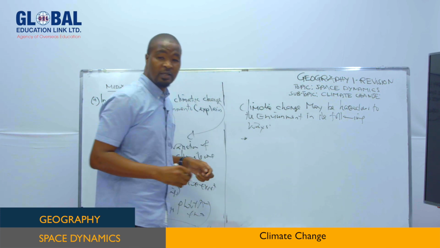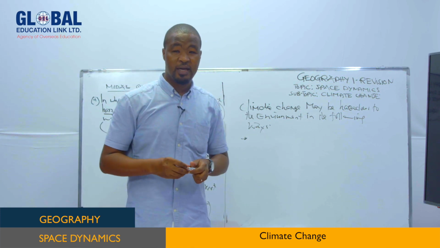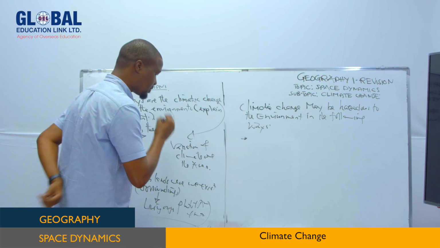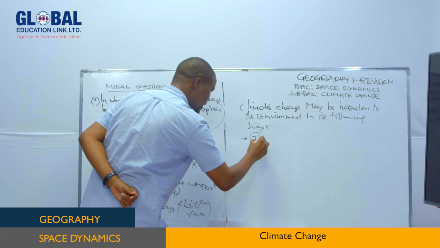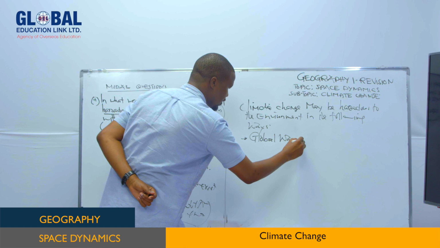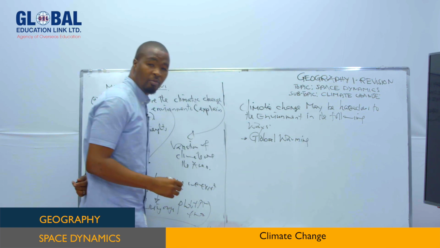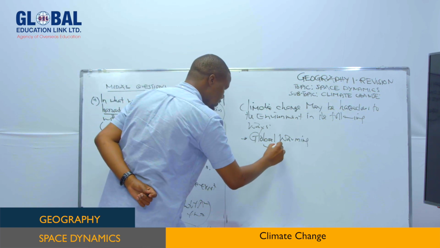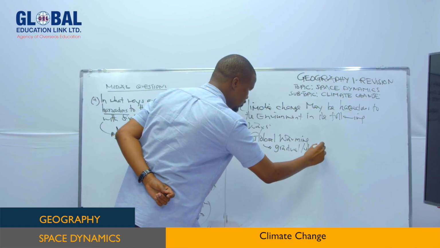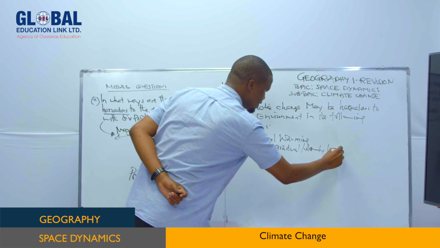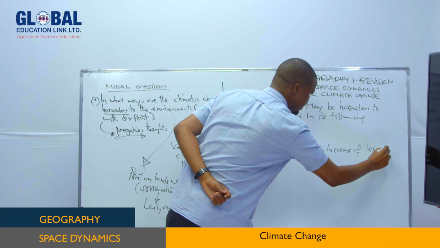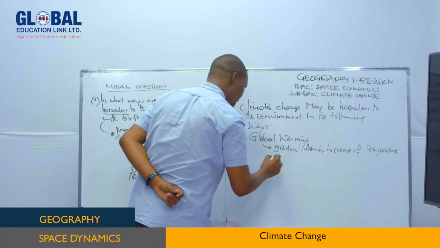See, the change of the climate of a given area may result in one of the following. For instance, it may result in what we call global warming. Global warming refers to the gradual, or slow, increase of temperature over an area.